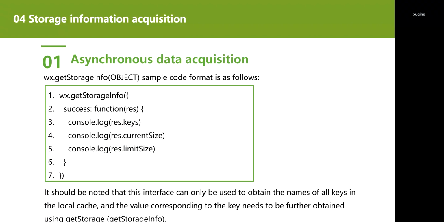Here we have sample code format for this get storage info. You see it's like this. We have get storage info, success, and then we can print out keys, current size, and limit size.